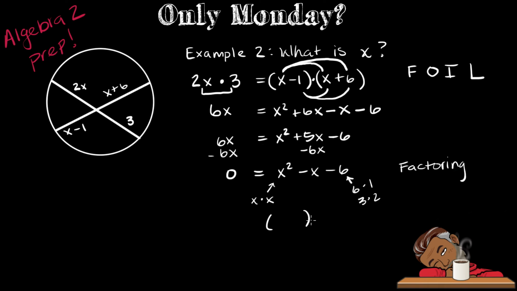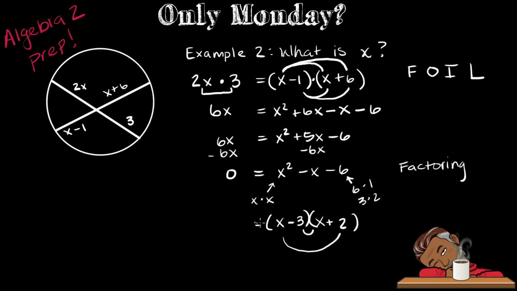So I'm going to break it down to x in the front, right? So the F of FOIL, so x and x is the front. And then the 3 and the 2 is going to give me the last terms. Now to get the O and the I, the outside and the inner terms are going to be multiplied here. And you'll notice to get a negative x, we need to have a negative 3x and a positive 2x. And that's how they're going to subtract.